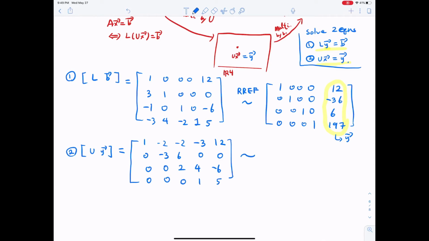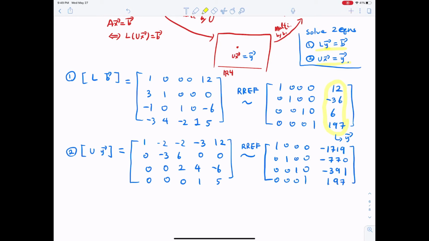And again, if you RREF this matrix, then you get 1, 0, 0, 0, -17 and 19, 0, 1, 0, 0, -770, 0, 0, 1, 0, -391, 0, 0, 0, 1, 197. And now we got the solution X.